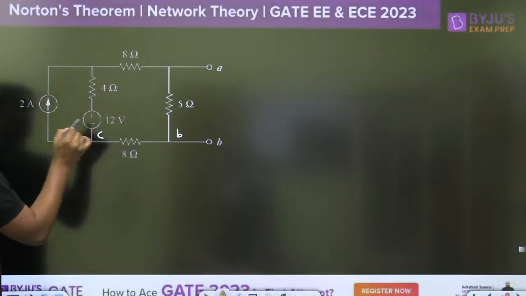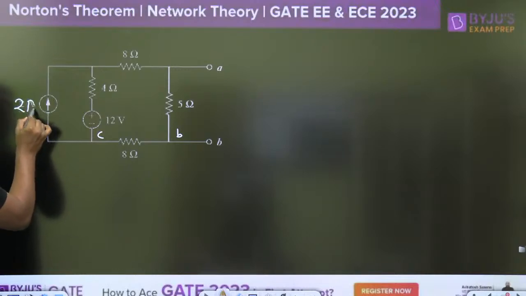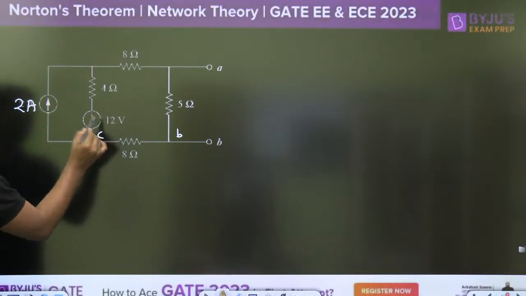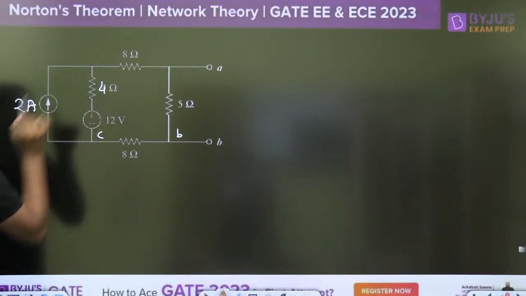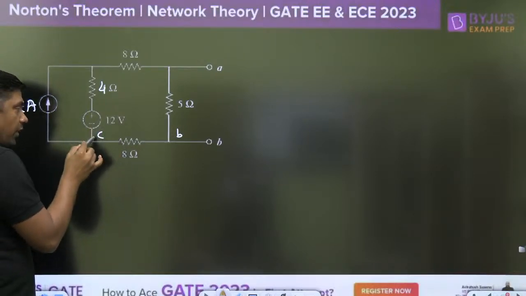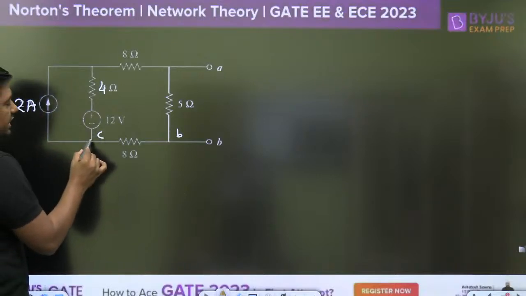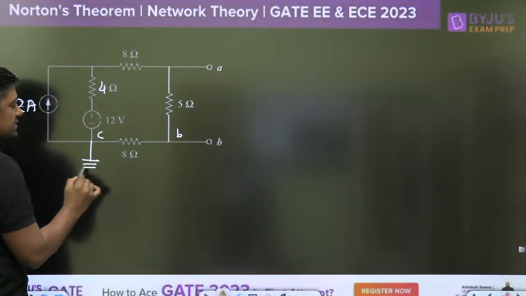At C, a 12 volt battery is connected, a 2 ampere current source is connected here, a 12 volt battery is connected here, and a 4 ohm resistor is here. Normally which one is preferable? Where more active sources are connected. Here 2 active sources are connected, and that's why I am taking it as the reference.